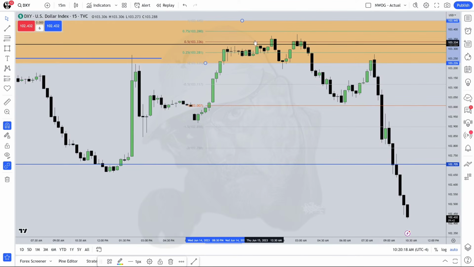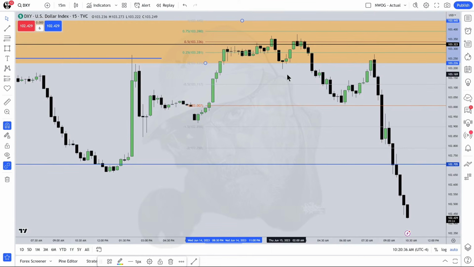Because if it doesn't get up there, like we're seeing right here, that's really indicating that this is going to be a strong probability. For what? The trade down to and through that order block.